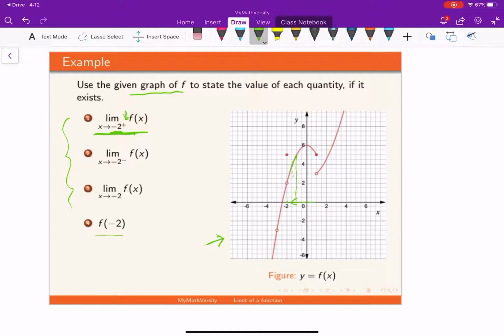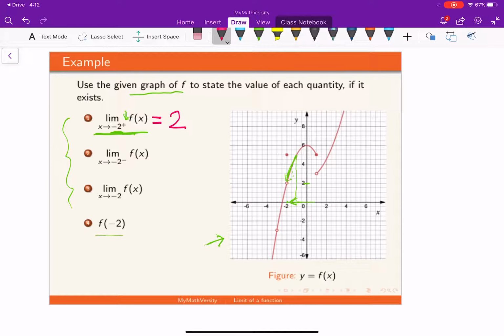The y values on this curve are getting closer and closer to this location. Although we have a hole there, when x gets closer and closer to -2 from the right side, the y value is just getting closer and closer to that hole, which is at 2. If that is the case, then the limit of this function when x gets closer and closer to -2 from the right side is exactly equal to 2.